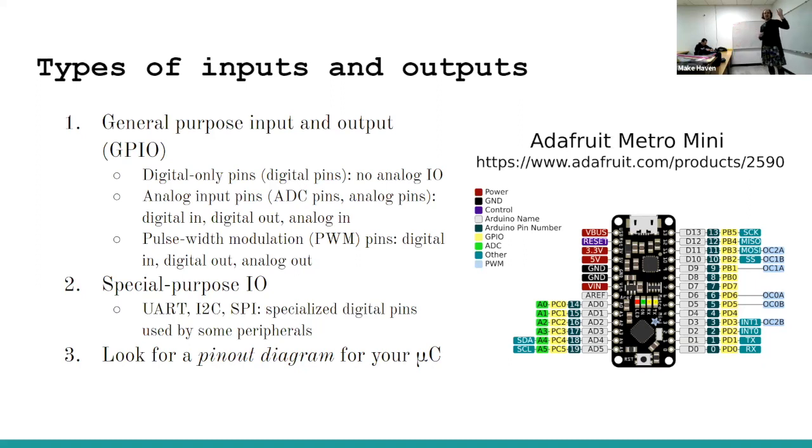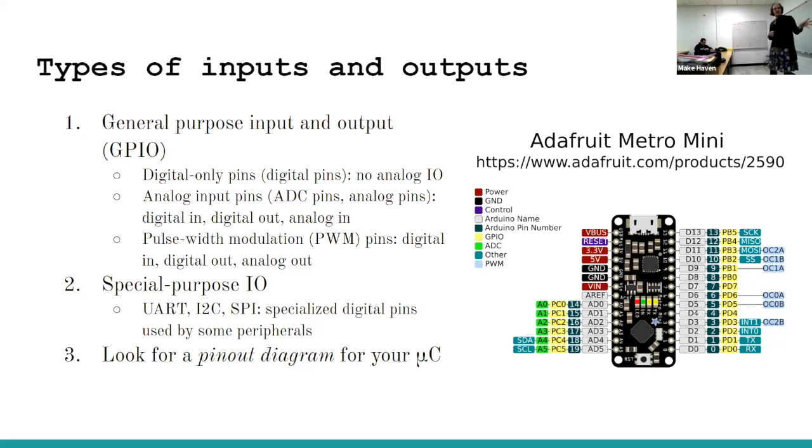When we're talking about inputs and outputs on a microcontroller, all of the pins that are input or output pins are what's called general purpose input and output. That basically means that you can do whatever you want. GPIO is the abbreviation for that.